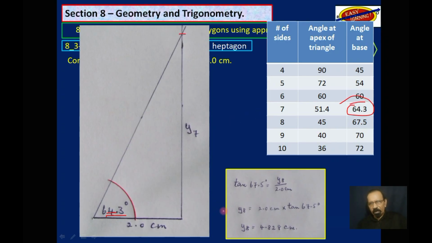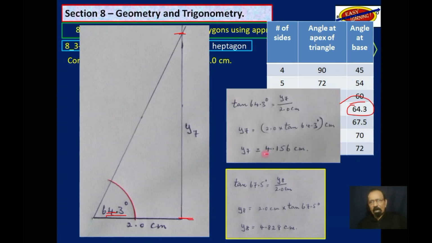If we didn't have any other way, and we don't want to use that protractor there to measure 64 degrees, we can use trigonometry to calculate the height that this center would be along this perpendicular bisector, and we get 4.156 centimeters.